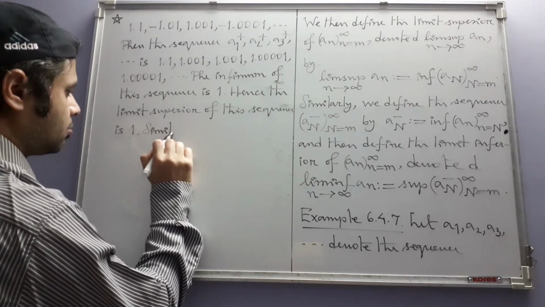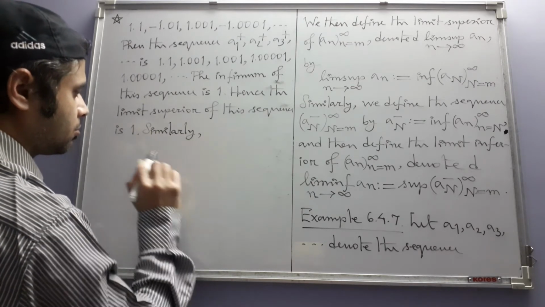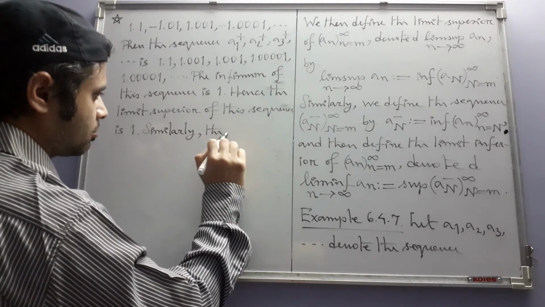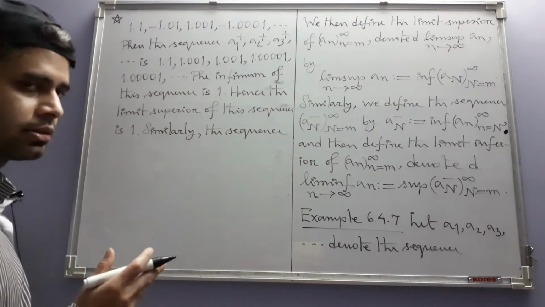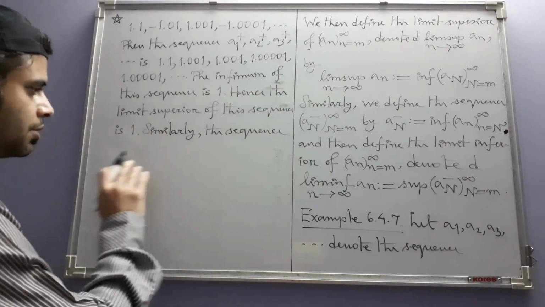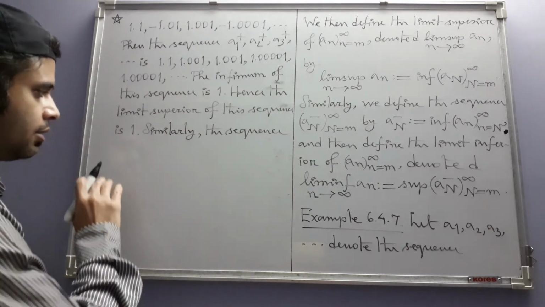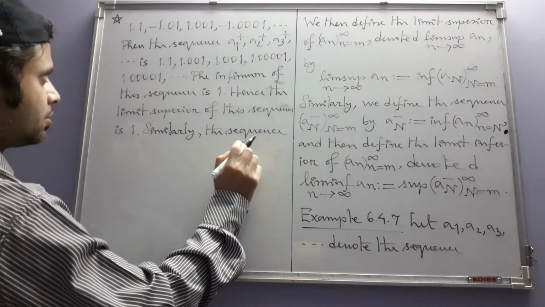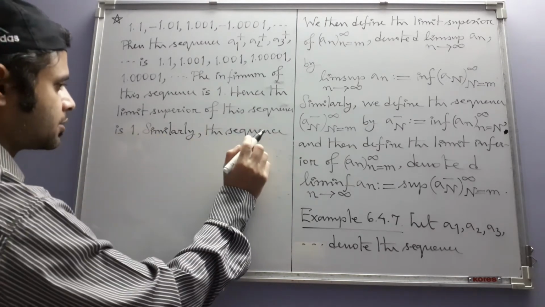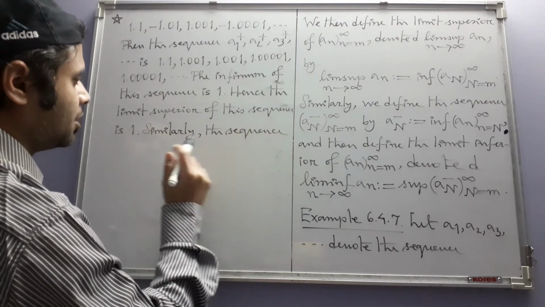Similarly, now we want to calculate the limit inferior. So we will first of all calculate infinitely many infima by removing the terms one by one.